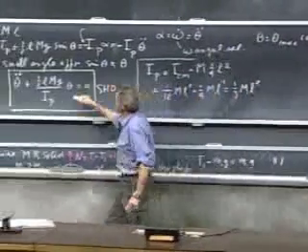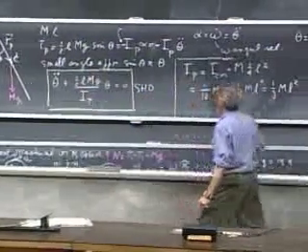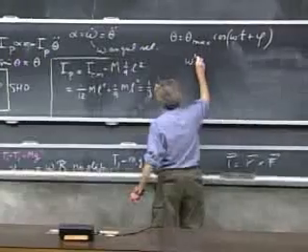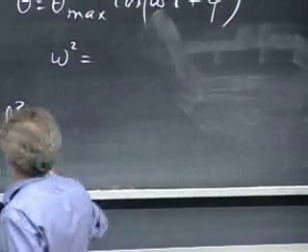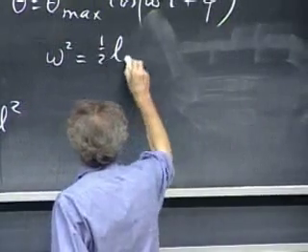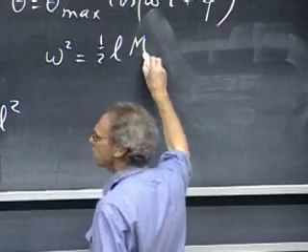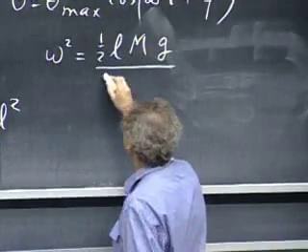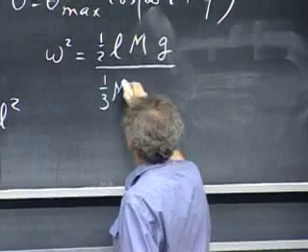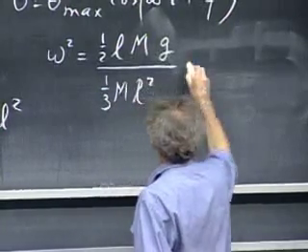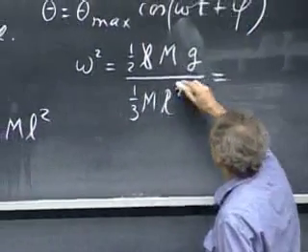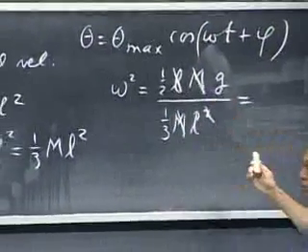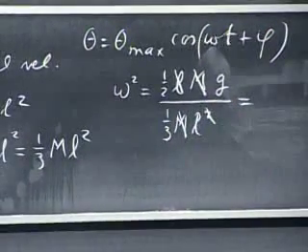So this term here, which is omega squared, equals 1/2 L m g divided by 1/3 m L squared. I lose 1 L, I lose 1 m, very common, always lose your m's in gravity.